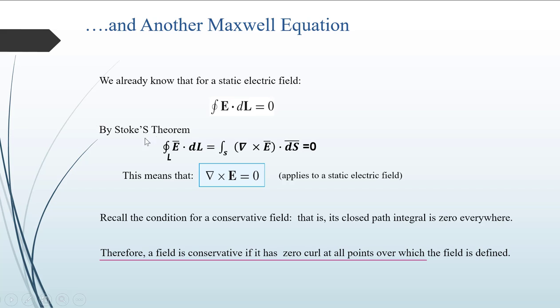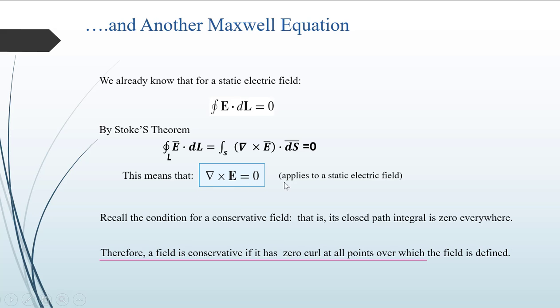Now if we apply Stokes theorem to this integration, we can write the closed line integration of E bar dot dl bar is equal to the surface integration of del cross E dot ds bar. And as the closed integral of E bar dot dl bar is equal to 0, we can write del cross E dot ds is equal to 0. So after equating this, we can write del cross E is equal to 0. This means the curl of E is equal to 0.